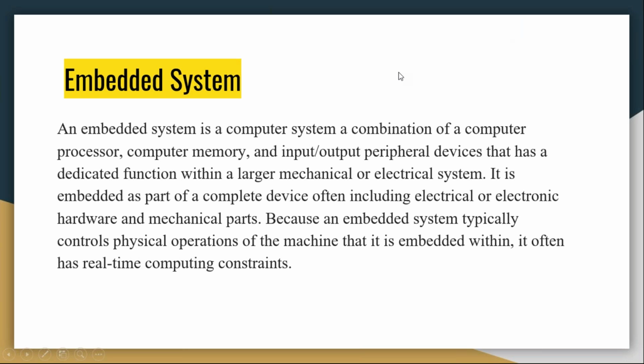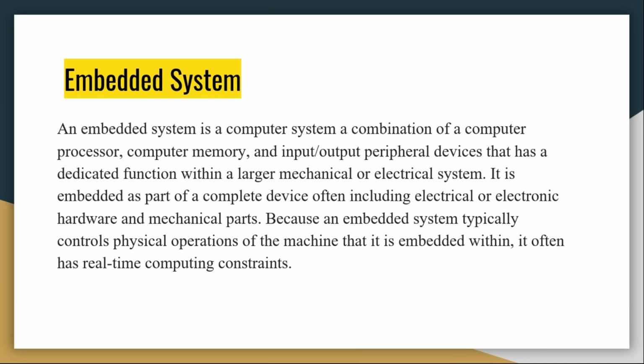In this embedded topic, previously I already talked about the embedded system, what an embedded system is, and what its applications are. In this topic, I'm covering it again with a little bit of a deep dive.